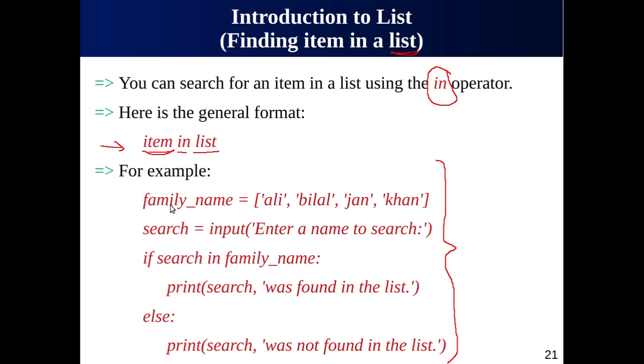Here we have a list. The name of the list is family names, and the elements of the list are Ali, Bilal, Jan, and Khan. Search is another variable.